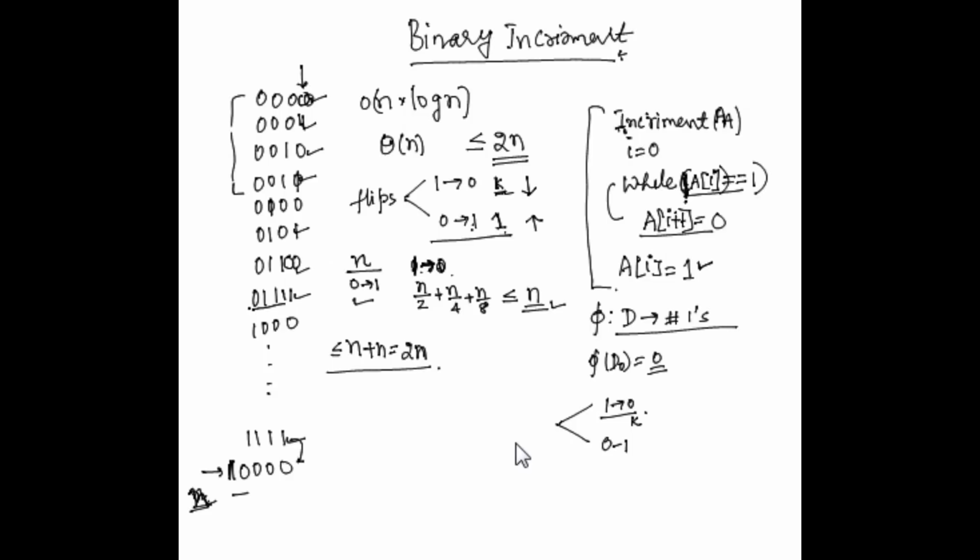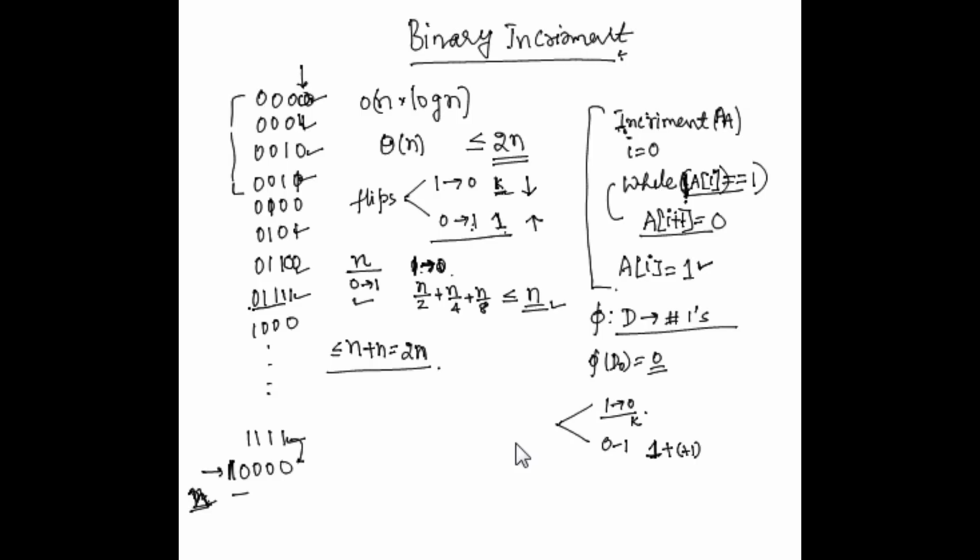I don't know how many times a 1 is flipped to 0, but I know that exactly once I'm going to change 0 to 1 and our algorithm stops. So when I change 0 to 1, the actual cost, the number of flips that you're doing, is 1. Our potential function is defined as the number of ones in the sequence.